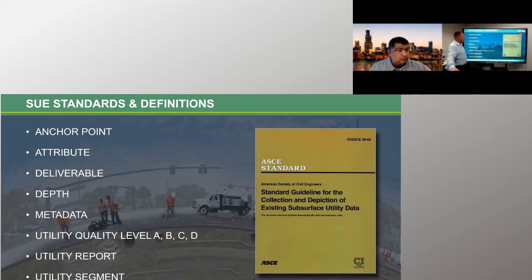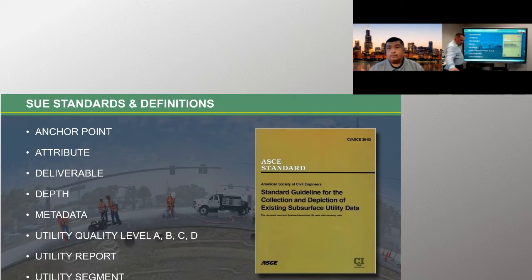I will touch a little bit about utility quality levels just to kind of freshen it up. I'm not going to go into detail about them. And obviously the utility report is a report or sufficient notes contained within a utility drawing, or signed and sealed by an engineer or a professional in charge, like a surveyor.